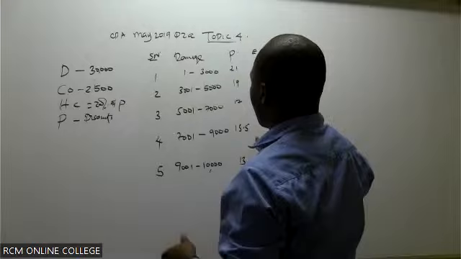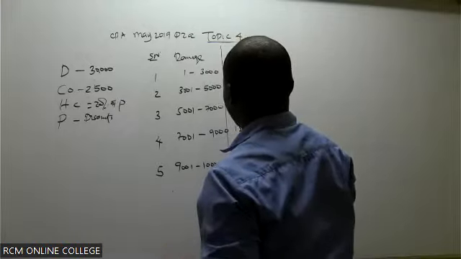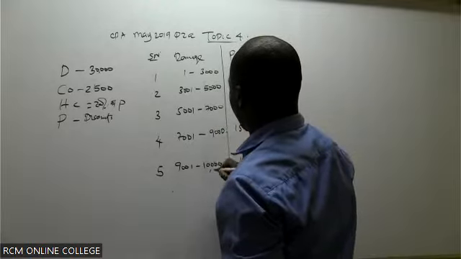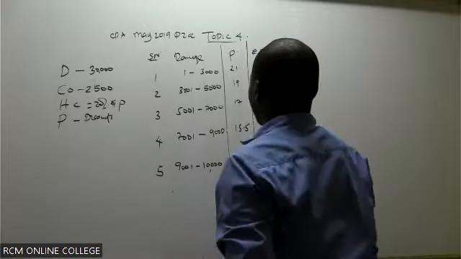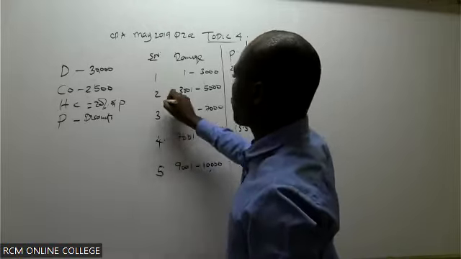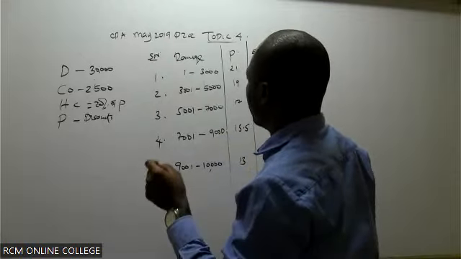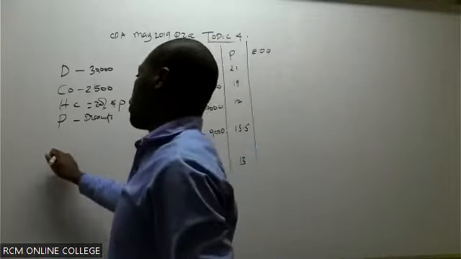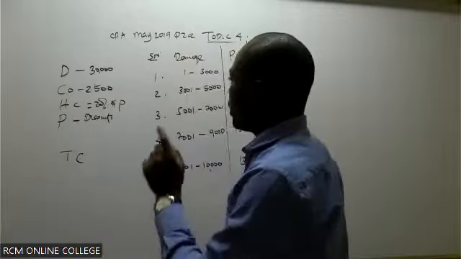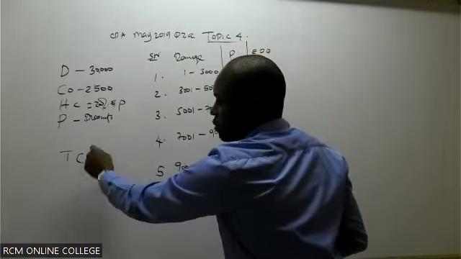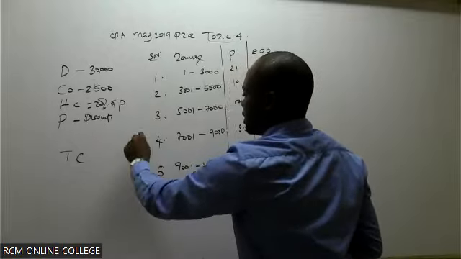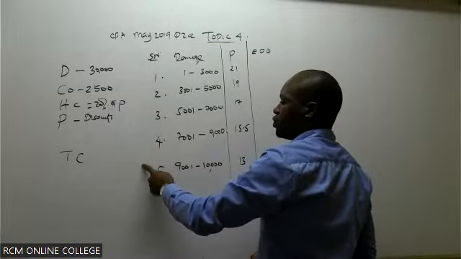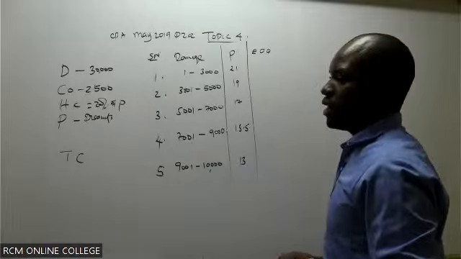After calculating the economic order quantity for each, we should be able to come up with the real economic order quantity, the one we are going to apply for us to get the total cost. Our interest here is to come up with the total cost. Remember our total cost must include demand times purchase price, plus number of orders multiplied by ordering cost, plus quantity divided by 2 multiplied by holding cost. That's what we are going to do.